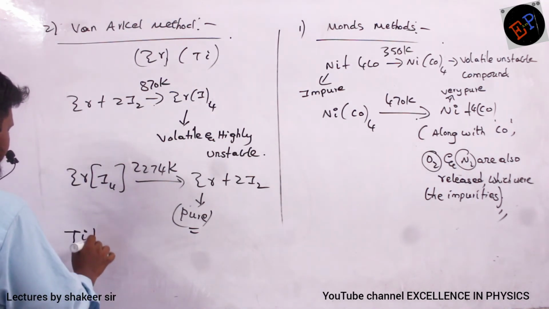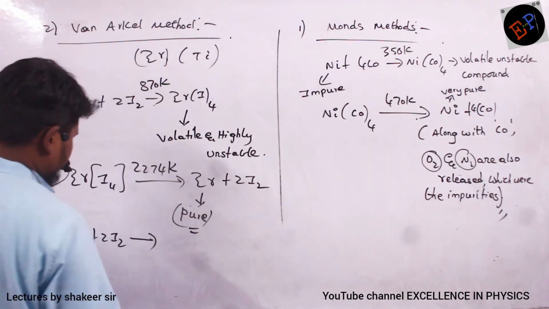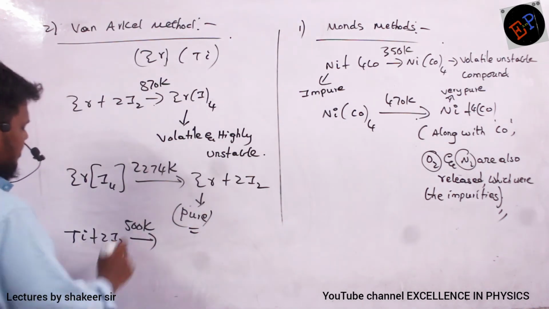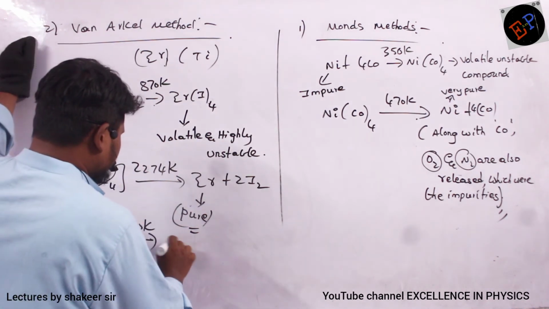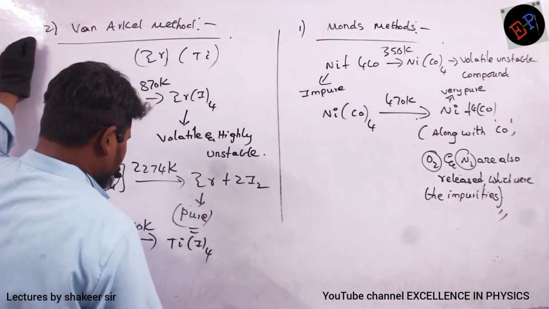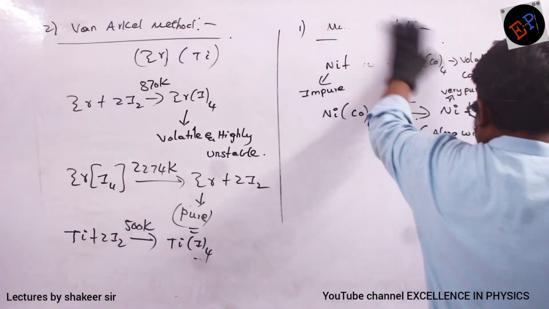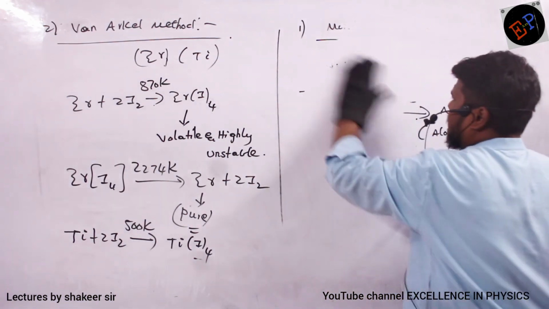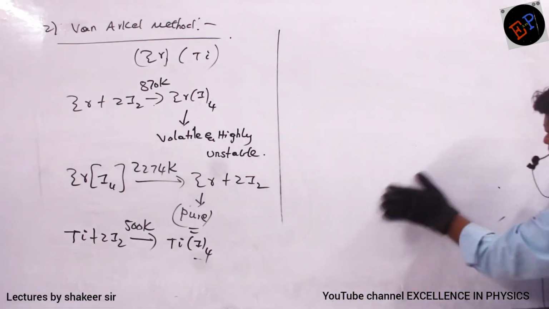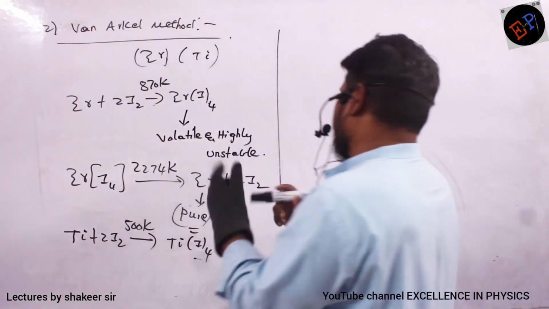So titanium plus 2I2 at a temperature of 500 Kelvin converts into TiI4, again volatile and highly unstable. This volatile and unstable compound we again heat.